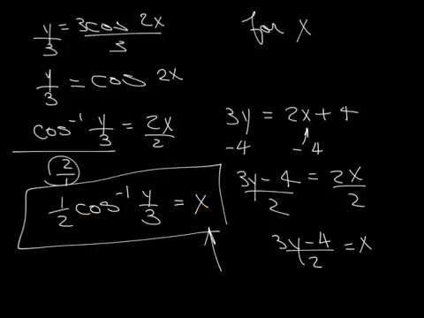All right, so let's look at example 2. Example 2 says that we have 2 arc sine of x, or you could have written it as sine to the negative 1, doesn't really matter, 2 arc sine of x equals pi.